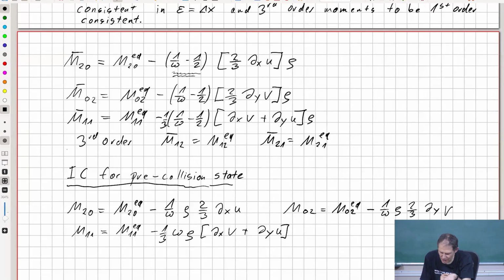Actually, from this information, is it enough to determine what the equilibrium of the post-collision state would look like? Can anybody guess this?